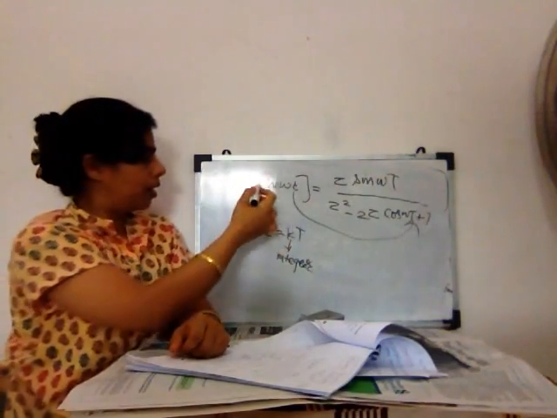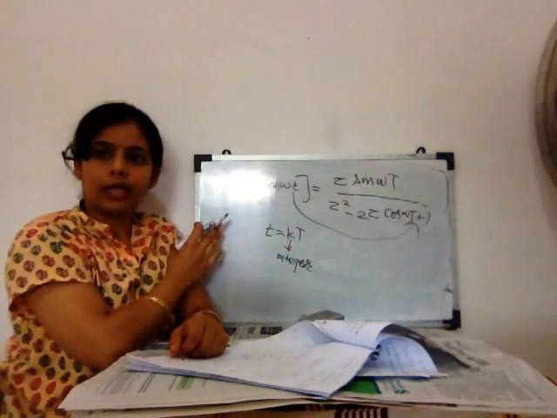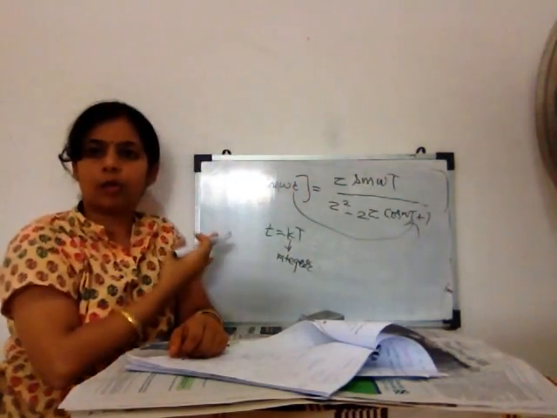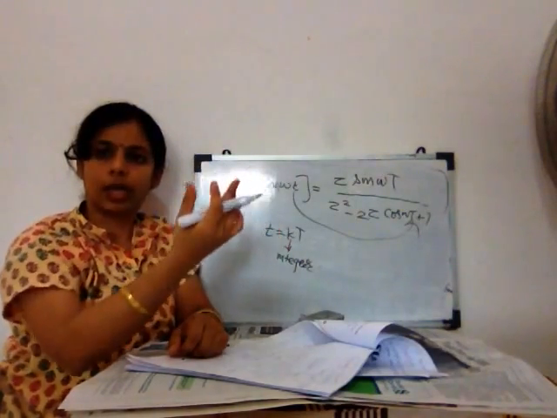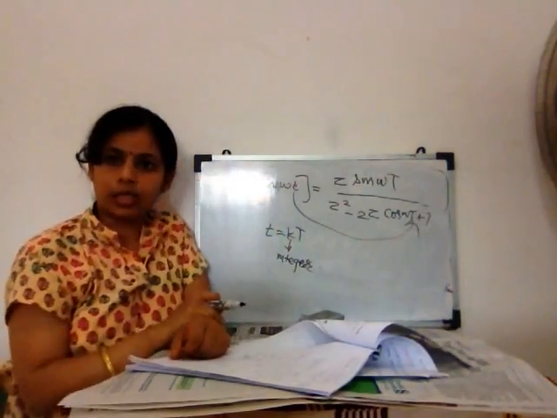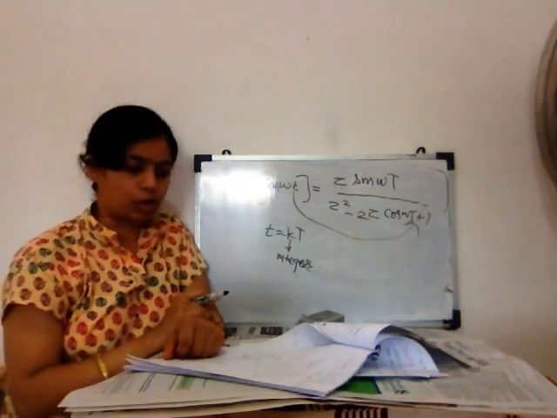You can prove it by expanding in e to the power i omega t plus e to the power minus i omega t, and e to the power i omega t minus e to the power minus i omega t. You can expand into exponentials, substitute in the series and then solve it. You will definitely get this solution.